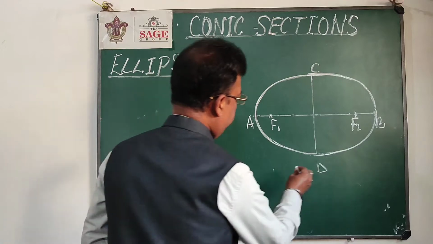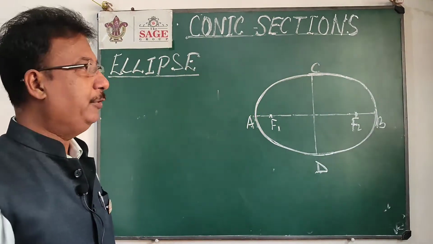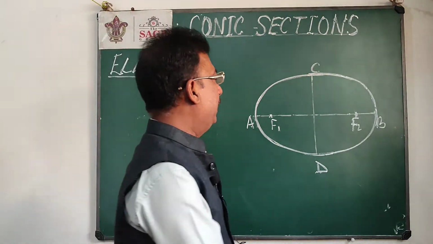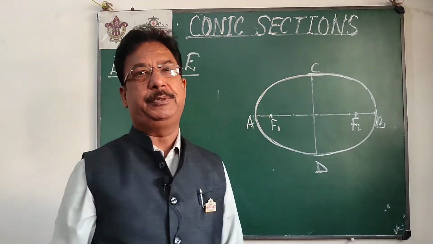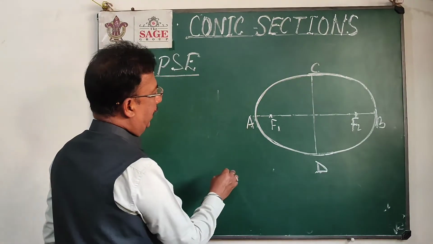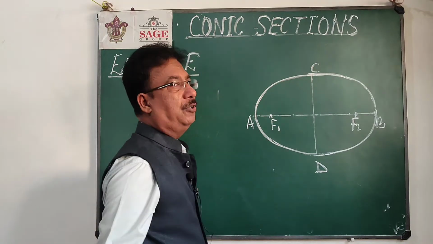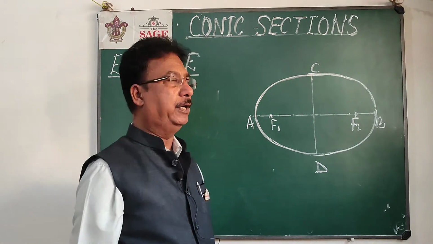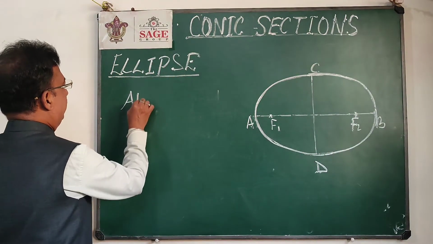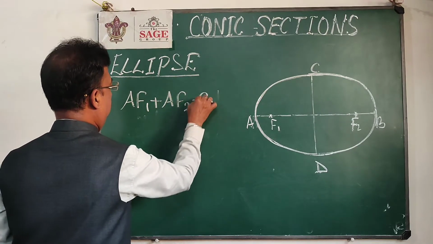In this figure, AB is the major axis and CD is the minor axis, and A and B, the end points of the major axis, are two points on the curve. In the same way, the end points of the minor axis are two points on the ellipse. If A is a point on the ellipse, then according to our definition, AF1, the distance of the point A from focus 1, plus AF2 must equal a constant. So this is equation 1: AF1 plus AF2 equals constant.